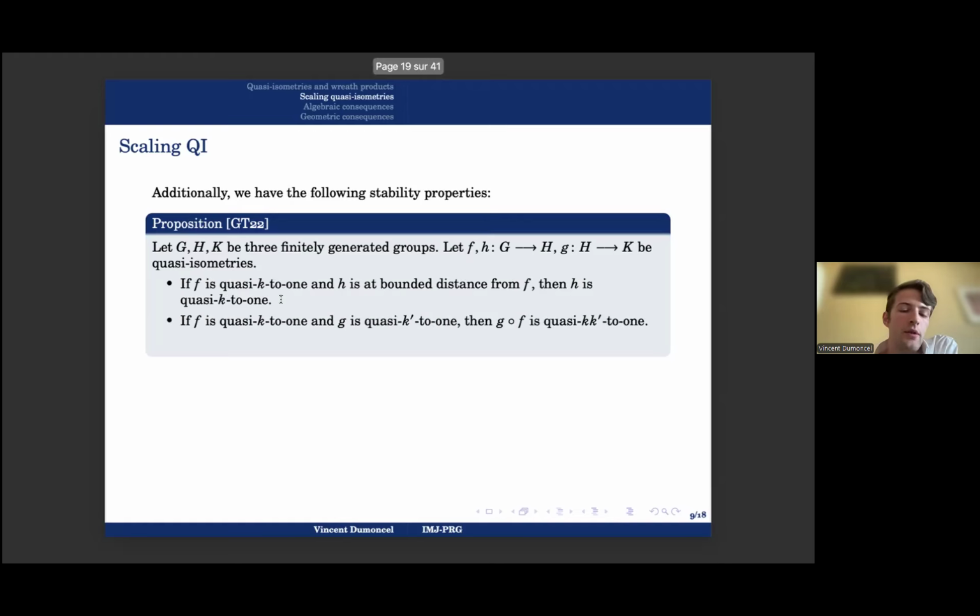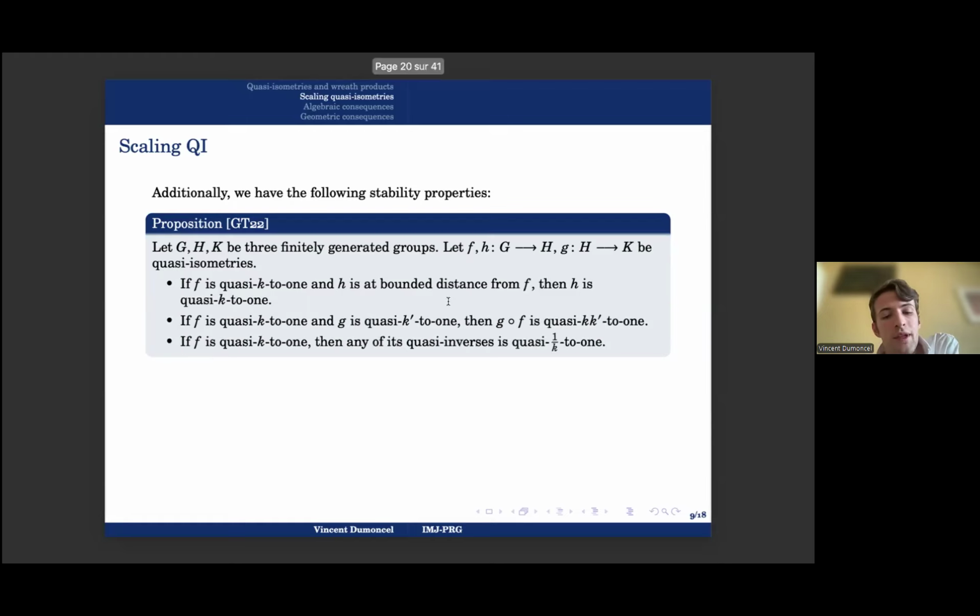The second operation that we like very much on quasi-isometries is composition. And the scaling factor also respects composition, in the sense that if you have a quasi k to 1 map and you compose it with a quasi k prime to 1 map, then the composition will also be scaling, and the scaling factor is exactly the product of the initial scaling factors.